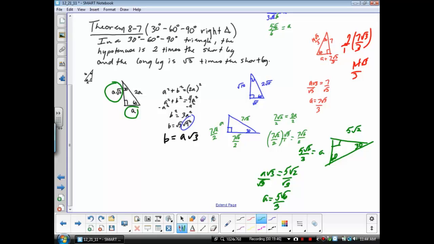Now, the hypotenuse is 2 times the short leg. So I go 2 times 5 root 6 over 3. Thinking of that as 2 over 1, it just multiplies times the top. So I'm going to have 10 root 6 over 3. Okay.